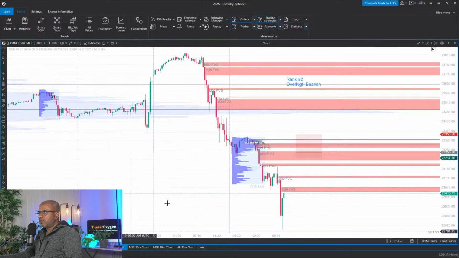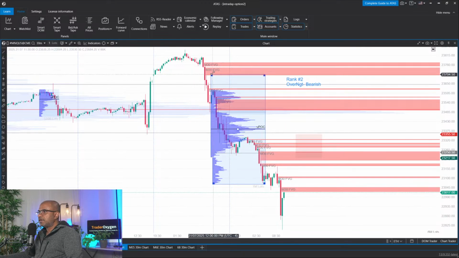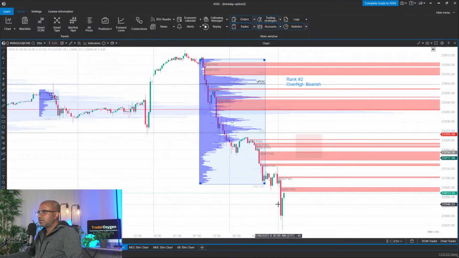Now let's look at MNQ as well. If we expand this push down by the time of the news release, you can see even if it retraced into this area, it's kind of difficult for us to decide where to enter the trade and where to place the stop loss, because the whole big area is a volume cluster.